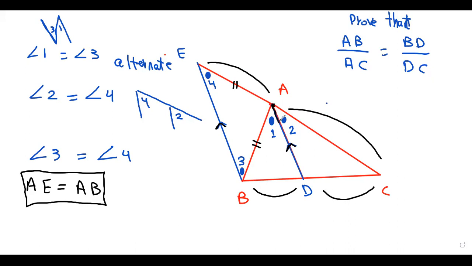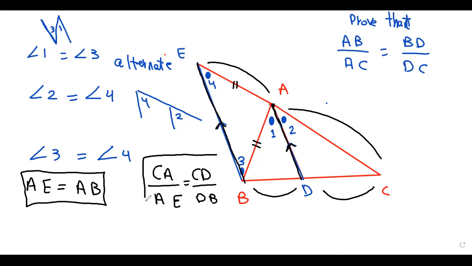This side here is parallel to this side. So CA over AE is equal to CD over DB. Keep it now because we are going to use it after a while.